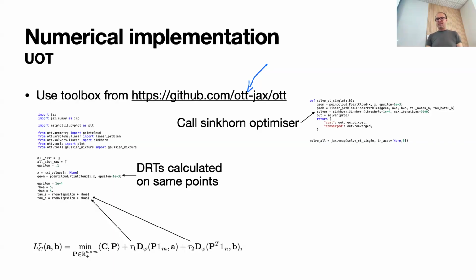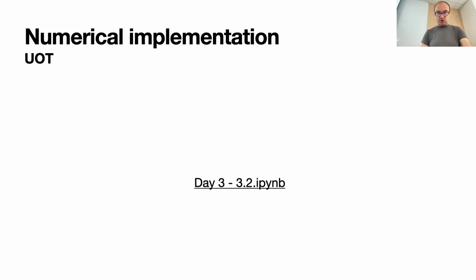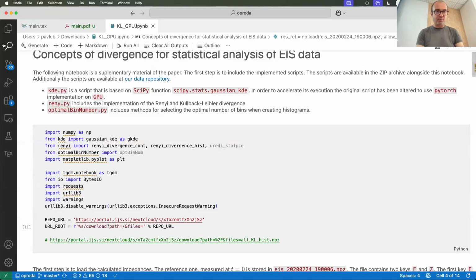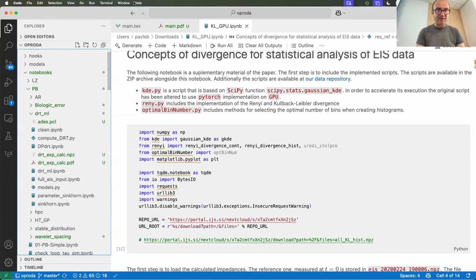All the mathematics is there, all properly numerically implemented. Everything is spot on. What I'm going to show you now is how we can analyze these 600 DRTs and regenerate all the figures. So let's do it, and we'll be spot on with time.